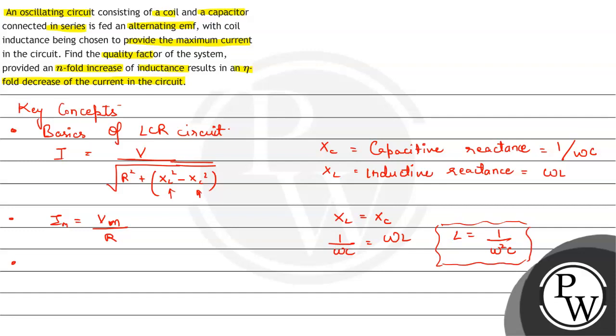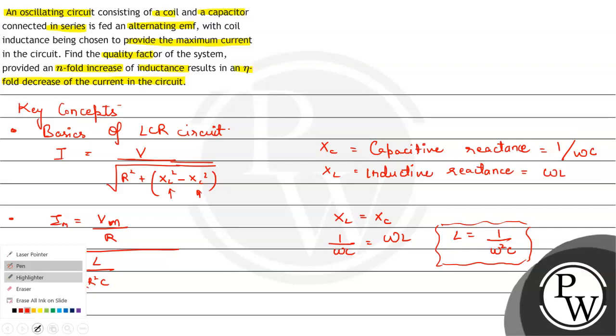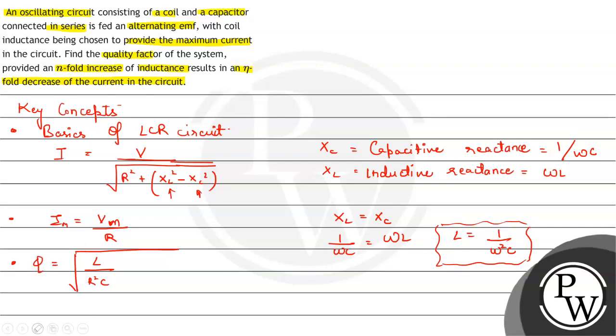The third key concept is the formula for quality factor. It is given by the square root of L upon R square C minus 1 upon 4.